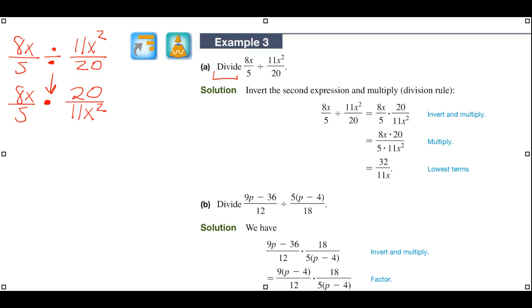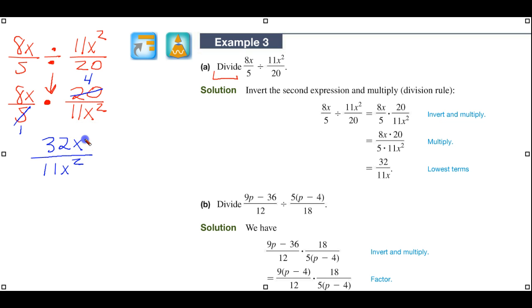Now, we then see if we can do any cross-canceling. 5 will go into there once, 5 will go into there 4 times, and there's nothing else. So now we go 8 times 4x is 32x over, and I can see I didn't finish that really, 11x squared. We could cancel out some of these variables now.